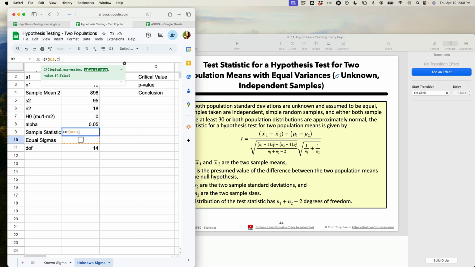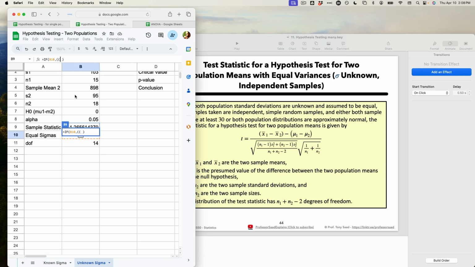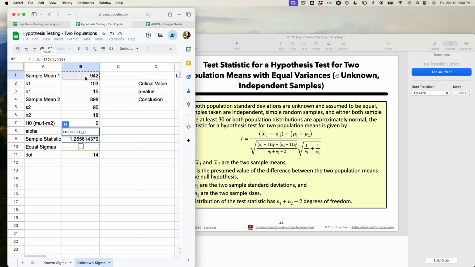I'm going to start with the numerator. I have x bar 1, which is sample mean 1, minus sample mean 2, minus mu1 minus mu2. That's my H naught here, B7, correct? So we sorted out the numerator. Now for the denominator, we have a product of two square roots.